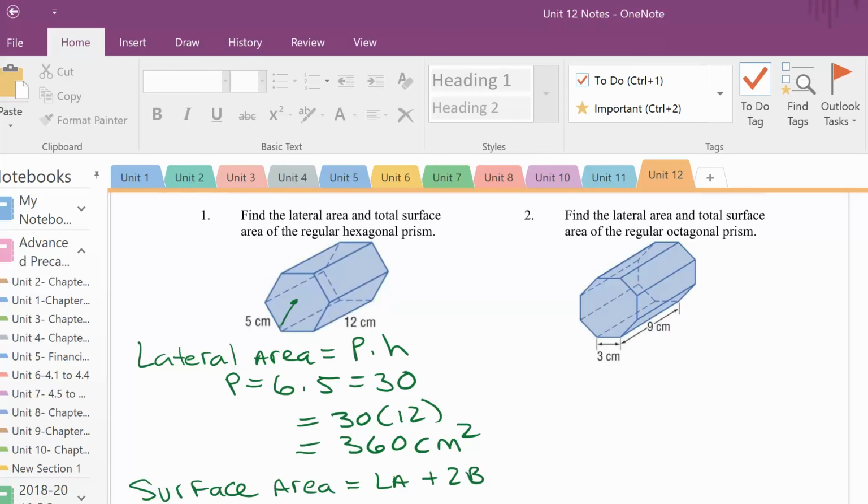Remember the apothem is the height of the triangle here, and since it's a hexagon, the central angle is going to be 60 degrees, which makes this a 30-60-90. If I draw the triangle a little bigger, here's the apothem that we want. This is 5, so this is 5/2 or 2.5, which means the apothem is 2.5 root 3.